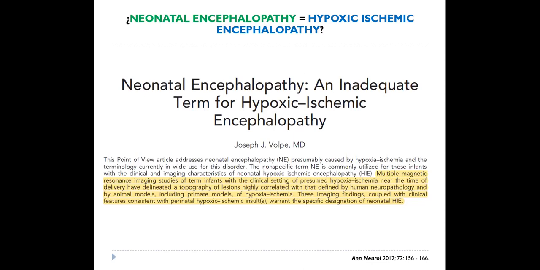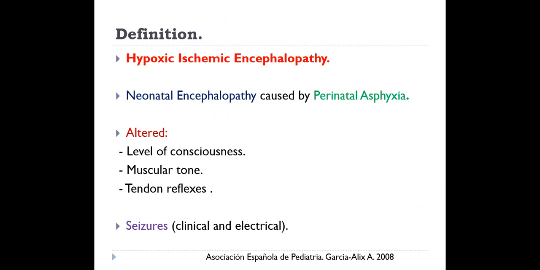I think it's very different. Hypoxic ischemic encephalopathy is a neonatal encephalopathy caused by perinatal asphyxia and has altered level of consciousness, muscular tone, tendon reflexes, and seizures that can be clinical and electrical.